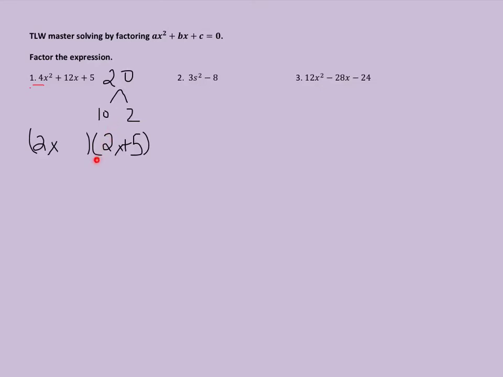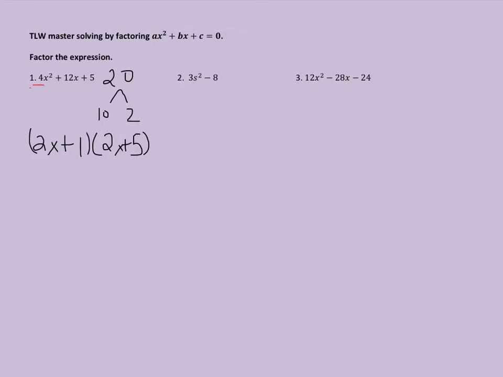Now, this is a good checkpoint. Multiply the very last two. 1 times 5. Does it equal c? Yes. So you're good. Okay?